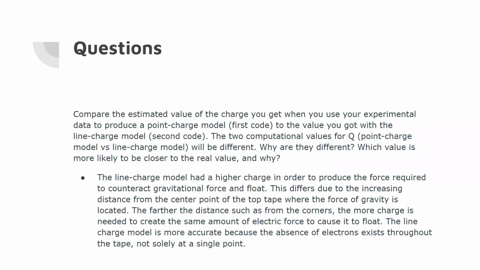And so it was farther away, and in Coulomb's law, the farther away the charge is, the less force that is placed on the tape. So that means that there had to be more charge to create the same amount of electric force.